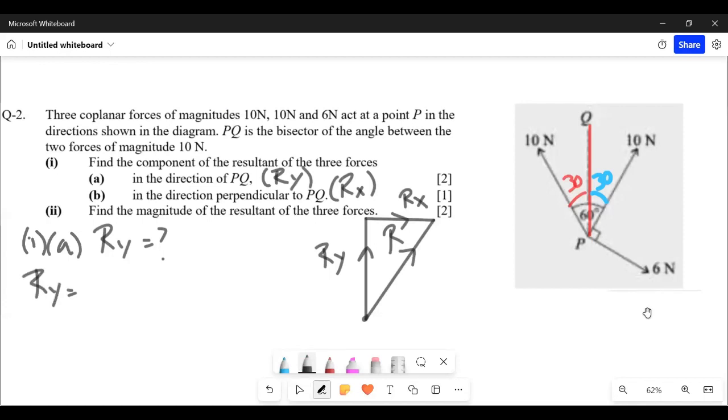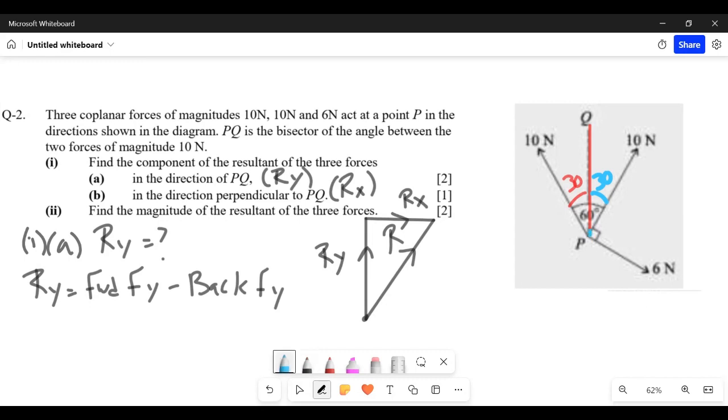And what is Ry? For Ry, you have to find forward force in Y direction minus backward force in Y direction. So we'll have to resolve these forces into their components. Let's look at this 10 Newton force. There's going to be a horizontal component, which I can draw here if I'm using the 30-degree angle. It's up to you which angle you want to take.